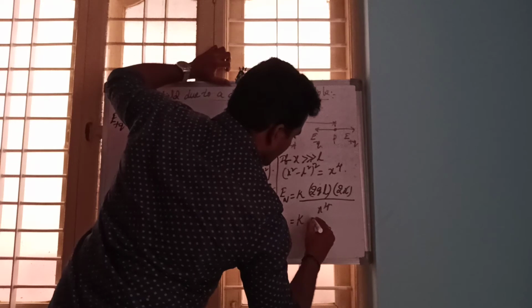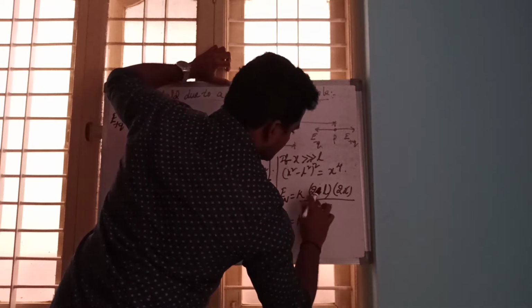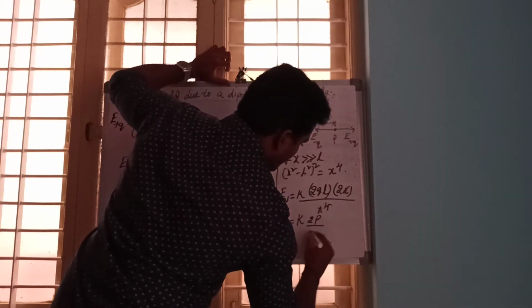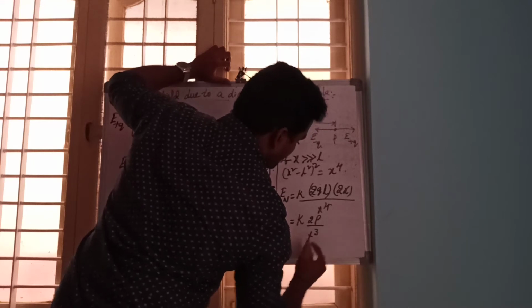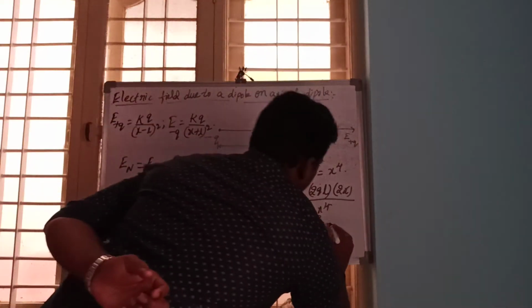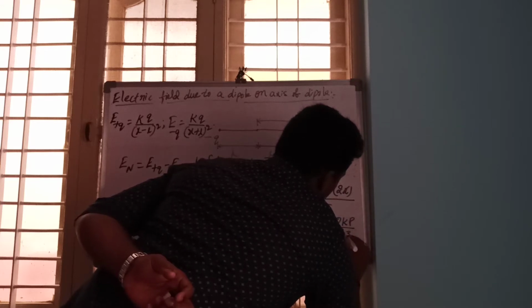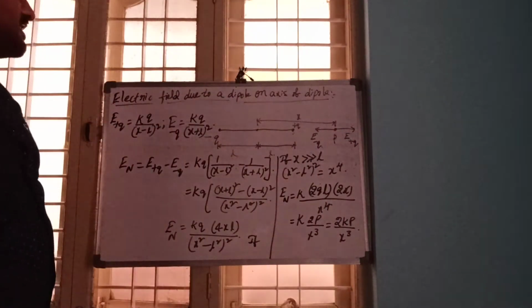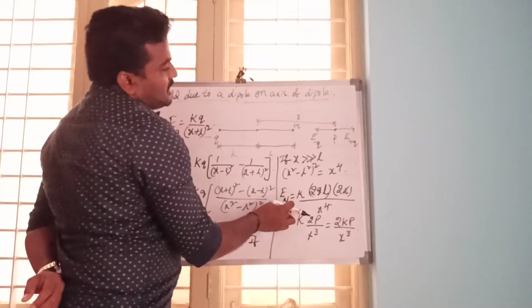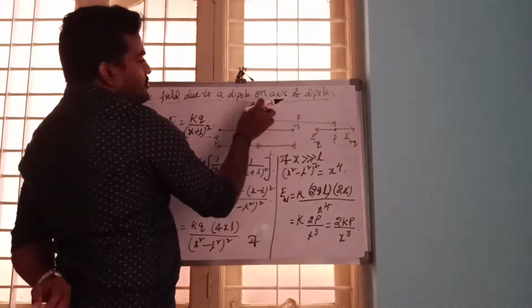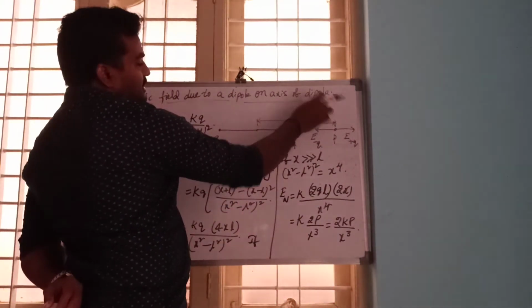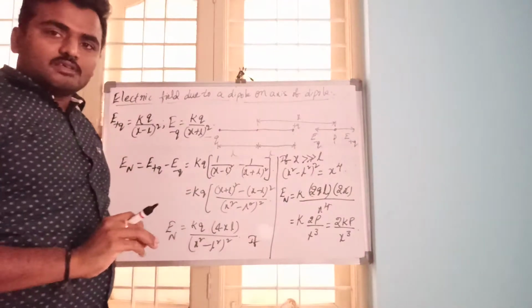So k times 2, this is nothing but p vector, divided by x cube, which equals 2kp upon x cube. So that is the net electric field at a point P on the axis of the given dipole. Clear?